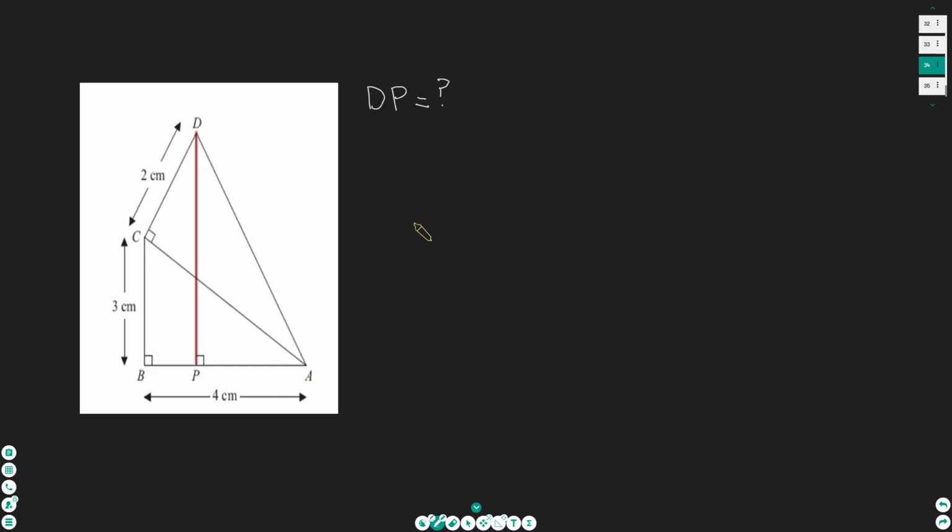So the equation is three square plus 4 square. This is 25. So the value of the CA is the square root of 25. This is 5.